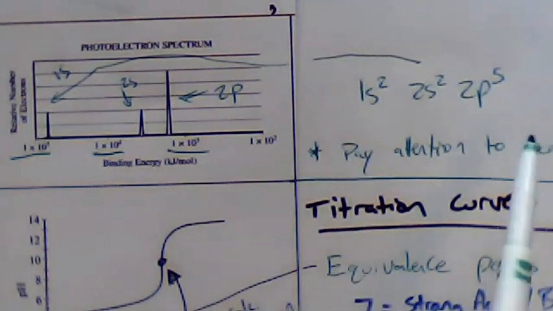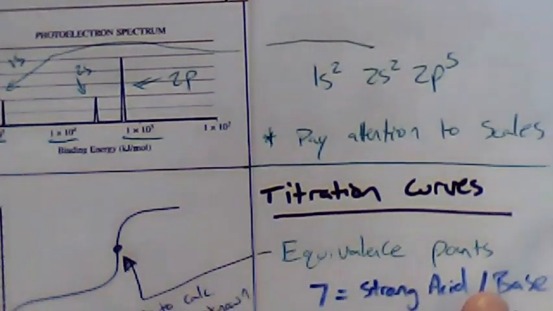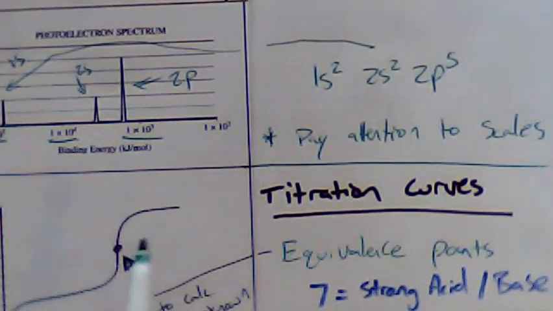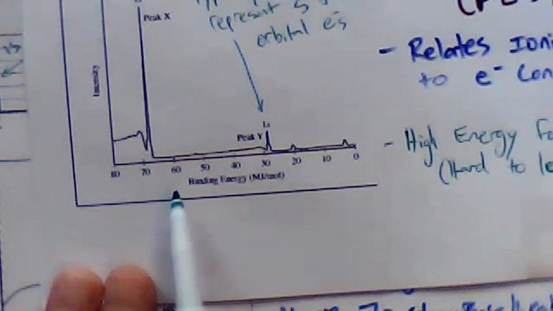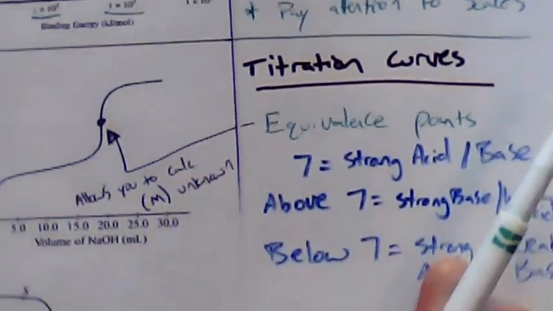And so what element is that? You could look at a periodic table, figure it out. Pay attention to scales. As you can see, this binding energy is decreasing, and the other one's binding energy is also decreasing. So it's a weird looking graph. Pay attention to that. PES diagrams are known for that.